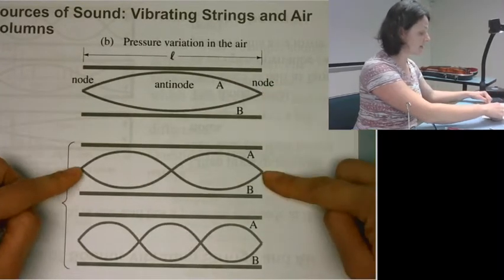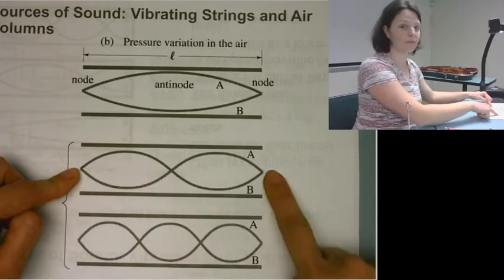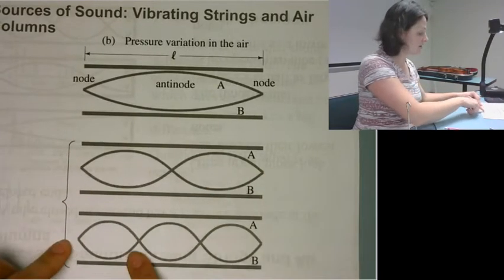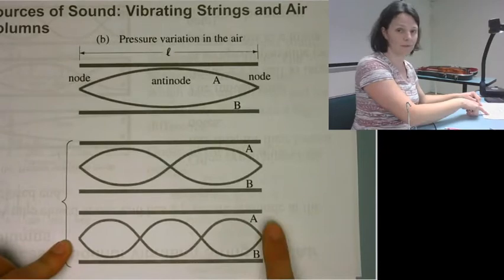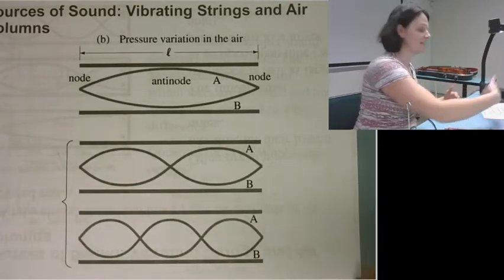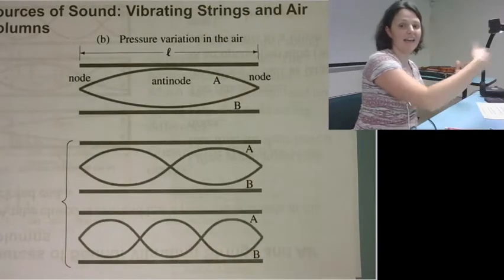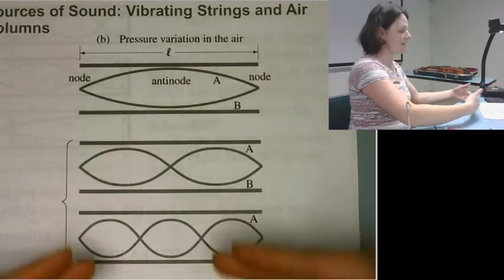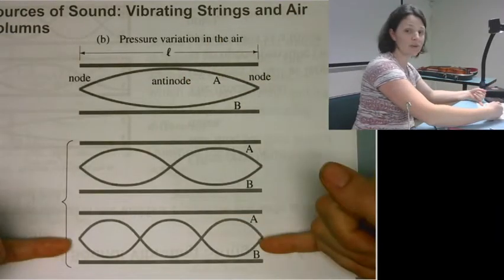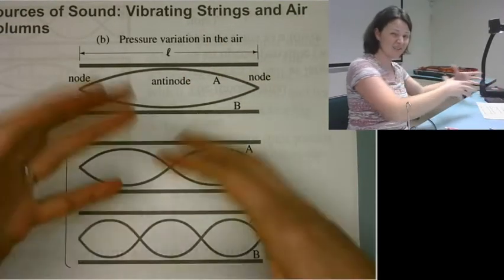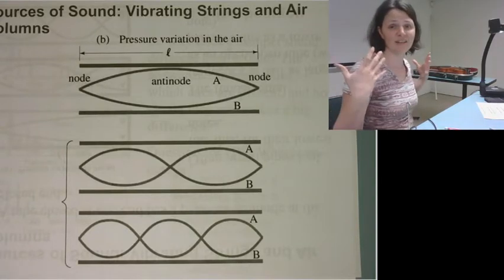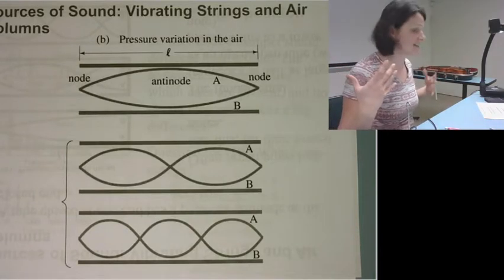But the second harmonic is 440 plus 440. The third harmonic is 440 plus 440 plus 440. And so we keep seeing these kind of additions of all of the resonant frequencies. And actually, we don't stop at 3. We go 4, 5, 6, 7, 8. This actually goes out as far as the human ear can detect.